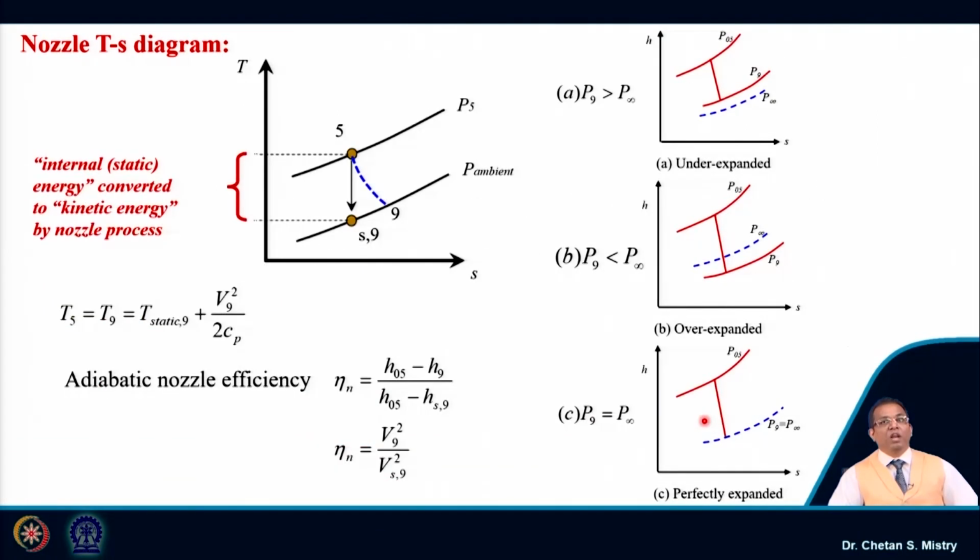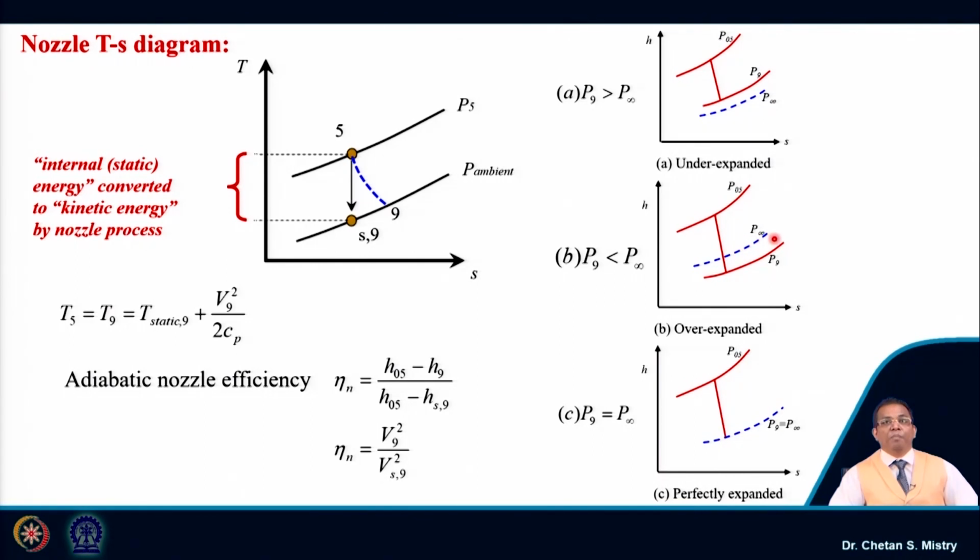Now, let us analyze this part. As we have discussed, we will have different conditions. When my exit pressure and atmospheric pressure are the same, that is what we define as the perfectly expanded condition. When the exit pressure is lower than the atmospheric pressure, the process is defined as the over-expanded condition.